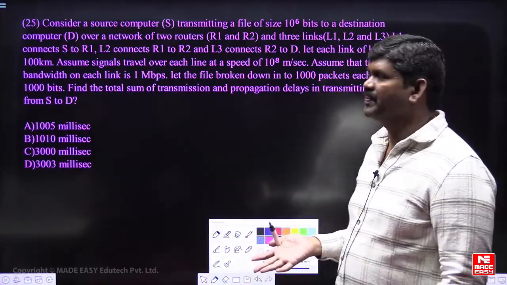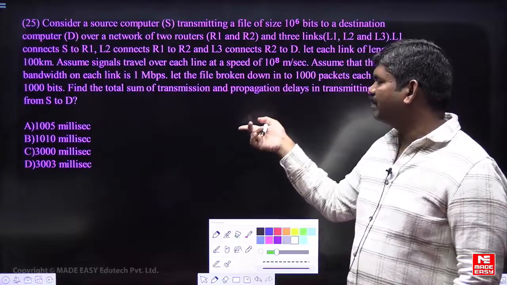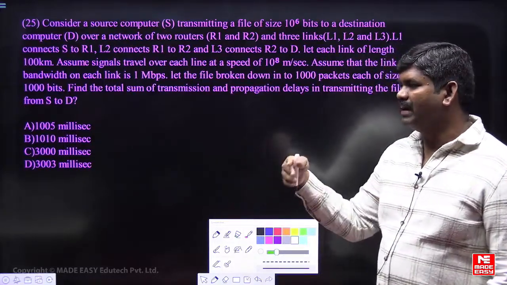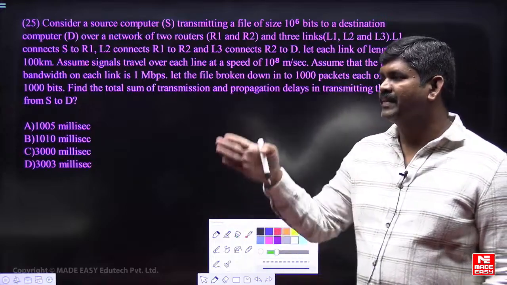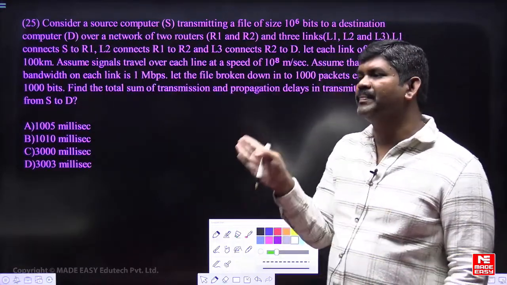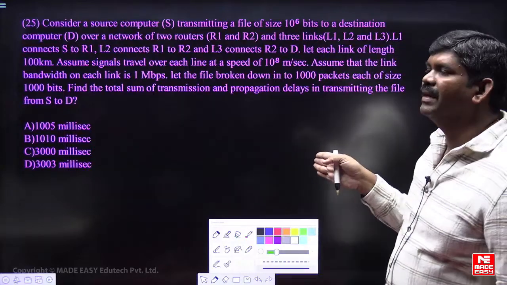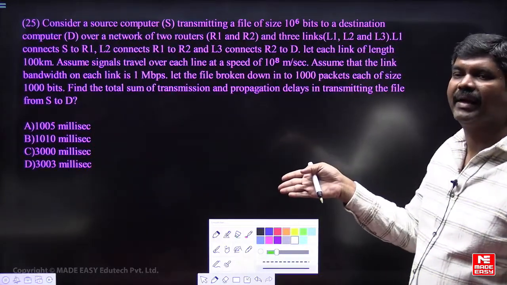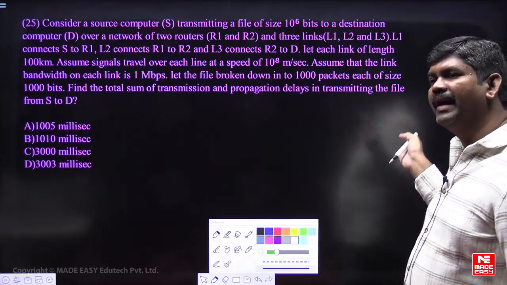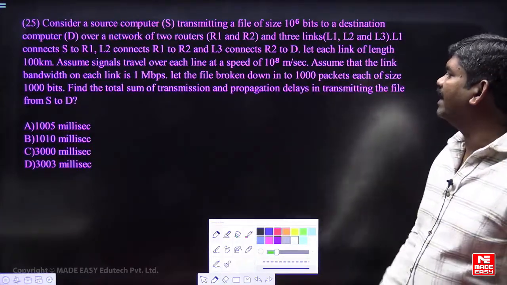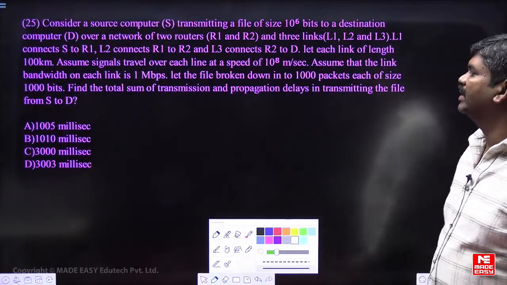When the source is transmitting the 1000th packet, at that time at R1 the 999th packet is being sent, and the 998th packet will be at that time. In the next 2 hops, the 1000th packet is going to reach the destination.